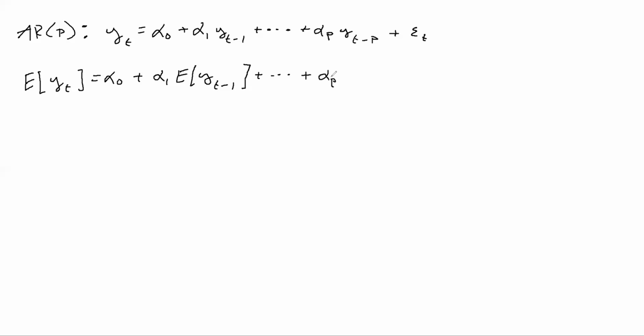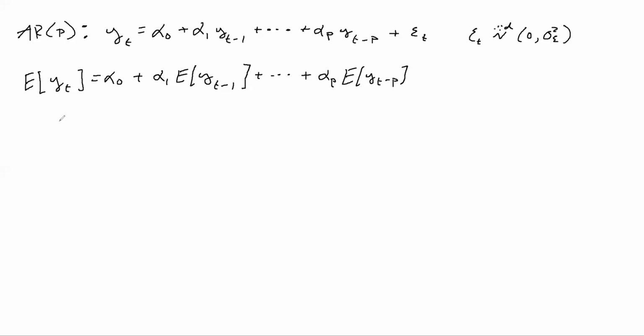So factor out alpha 1, all the way to alpha P. That gives us the expected value of this P lag. And then the expected value of the error term is just 0, because remember, our error term is IID with a mean of 0 and some variance.